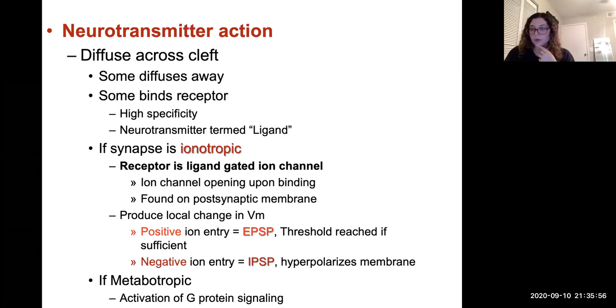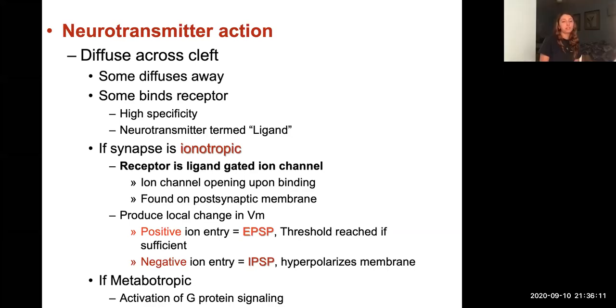So the ionotropic is the ligand-gated ion channel, and the metabotropic receptor is not a ligand-gated ion channel. I'm pretty sure we're going to talk about metabotropic next time, which has to do with protein signaling, and maybe hormones or stuff of the sort.